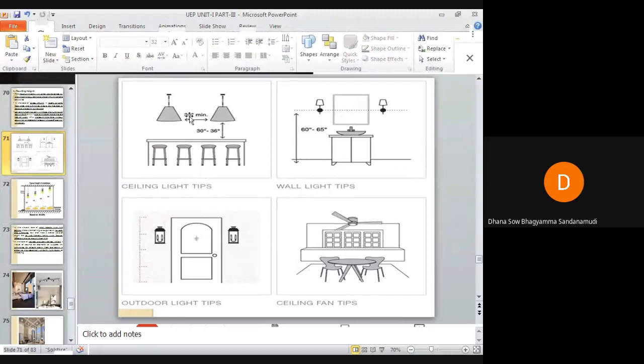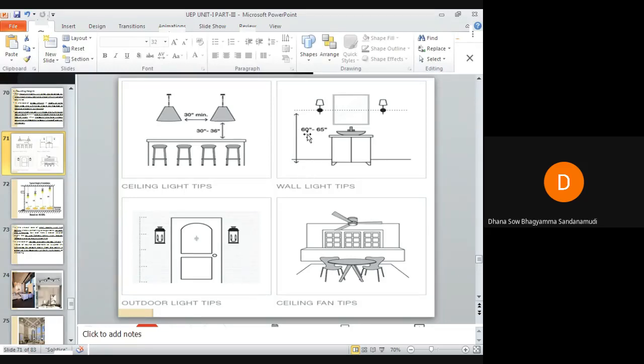So in general, the direct lighting lamps above the workspace should be fixed about 30 to 36 inches above the work plane, and the distance between the lamps should be around 30 inches. Minimum distance should be 30 inches.